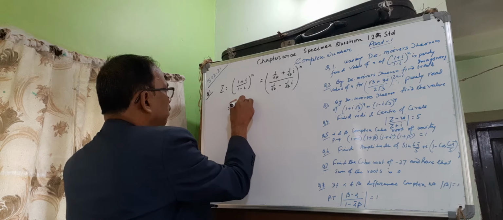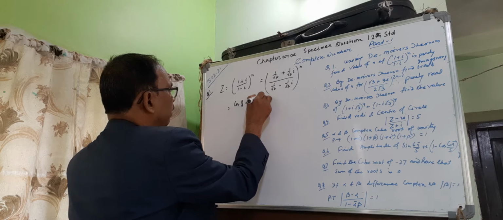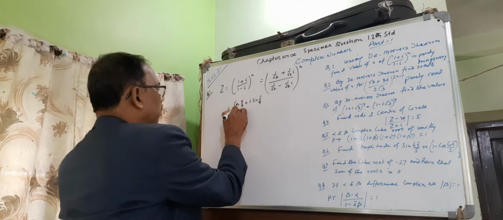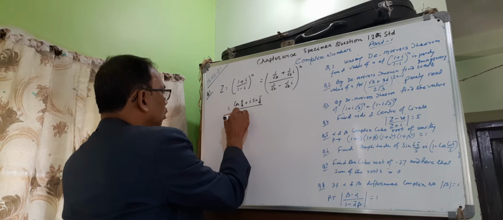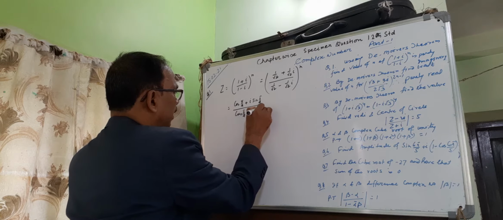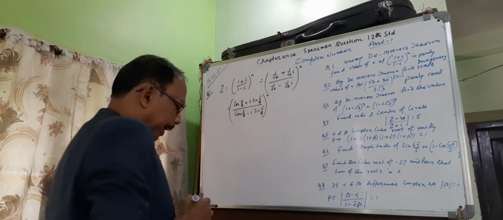So cos pi by 4 plus i sin pi by 4, since cos pi by 4 is 1 by root 2 and sin pi by 4 is 1 by root 2, over cos pi by 4 minus i sin pi by 4, all to the power n.